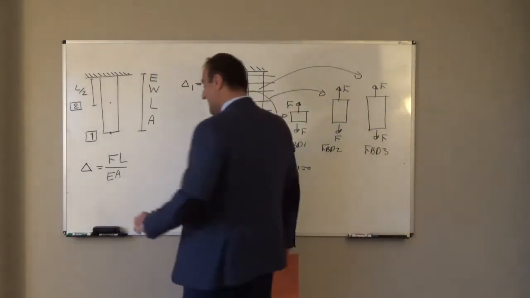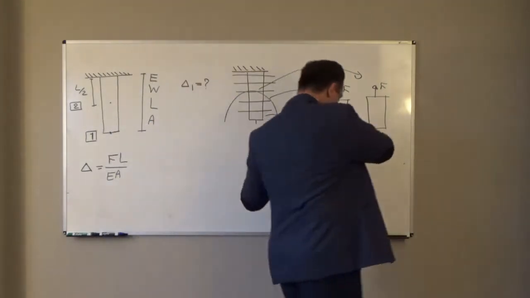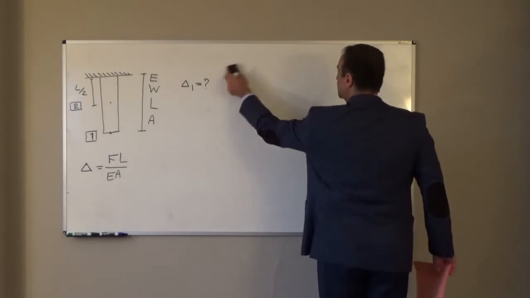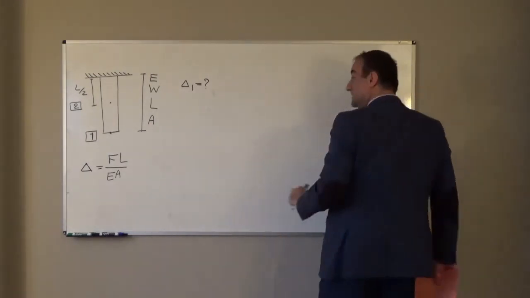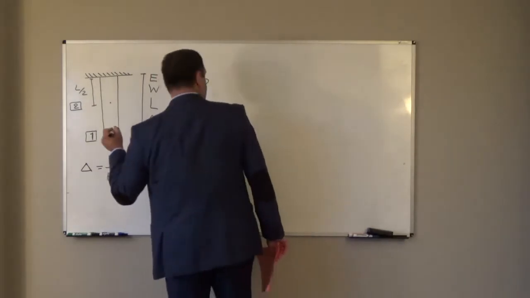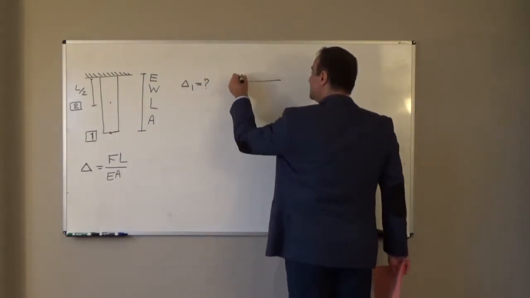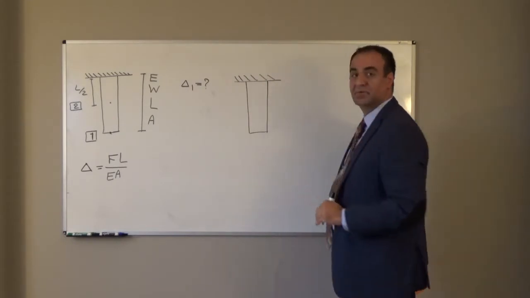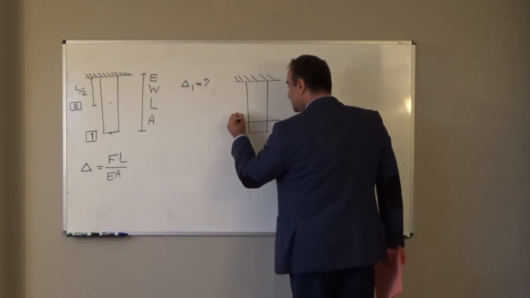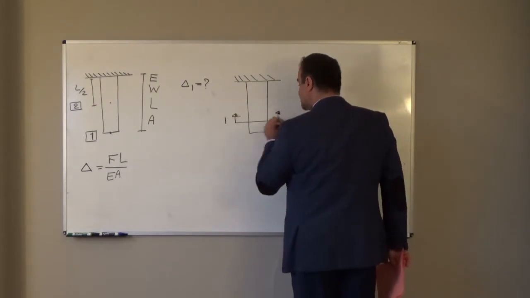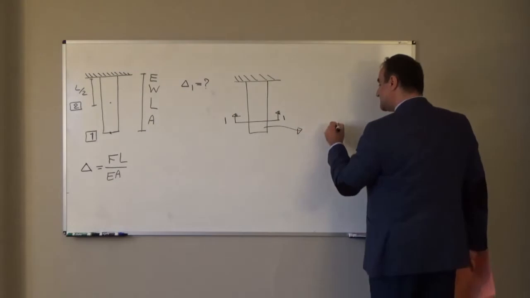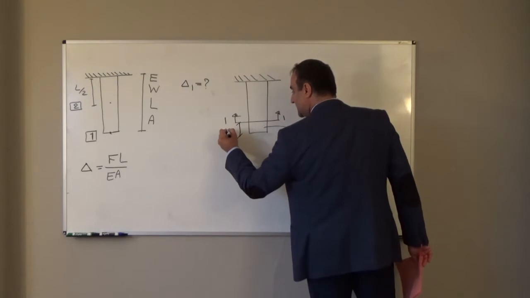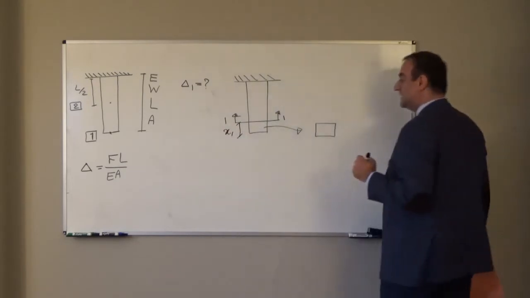But once it is hanging under self-weight and we don't have external load, what is happening? This problem is a little bit different. Why? Because entire weight is W. But if I cut here at section 1 and look at this free body diagram, I cut a piece at distance x1 from free end.